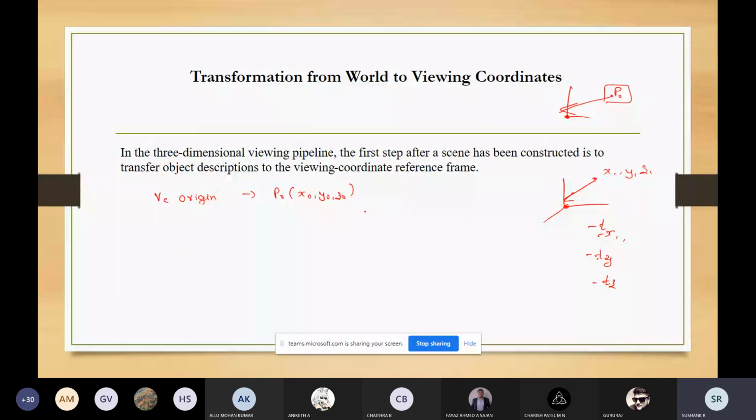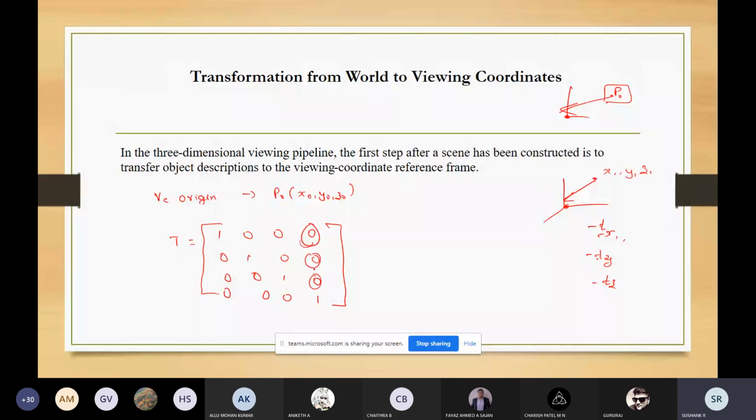Since it is 3D viewing which we are referring to, we'll have a 4 cross 4 matrix, which starts as the identity matrix: 1 0 0 0, 0 1 0 0, 0 0 1 0, 0 0 0 1. For this 4 cross 4 identity matrix, if you are performing inverse translation, we should consider the fourth column.